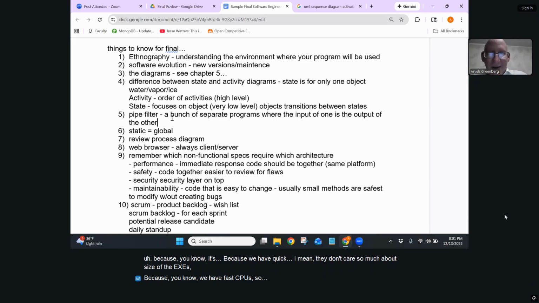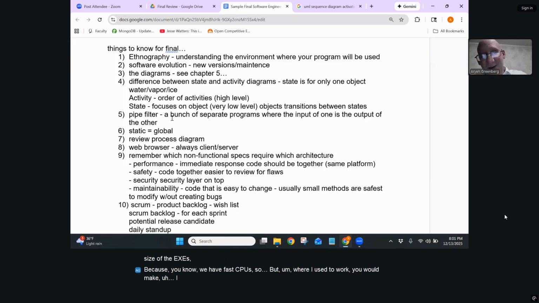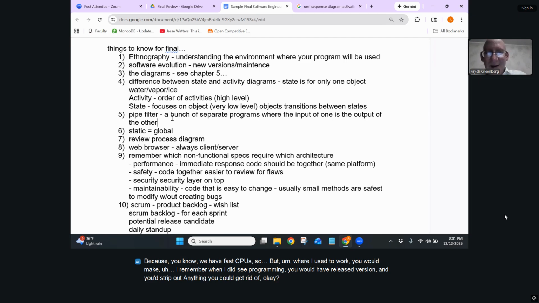But when I did C programming, you would have a release version, and you'd strip out anything you could get rid of. You would buy special linkers which would make the code really small or very fast. They were optimized.